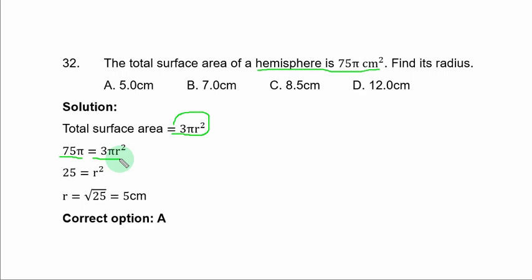You can divide through by 3 pi and you have 25 equal to r squared. To get r, take the square root of both sides, and r is equal to square root of 25, and that is 5 centimeters. A is the correct option.